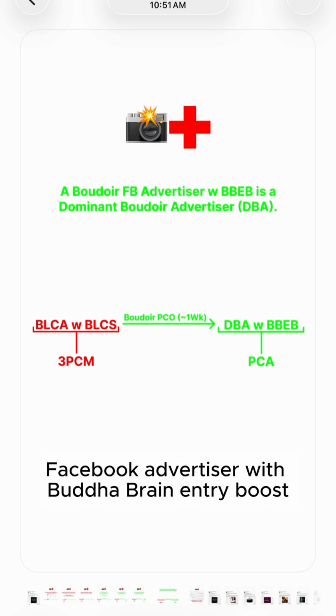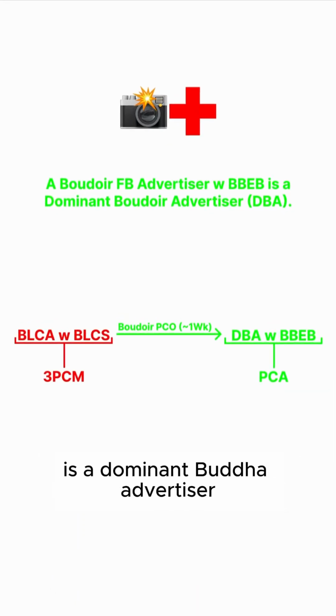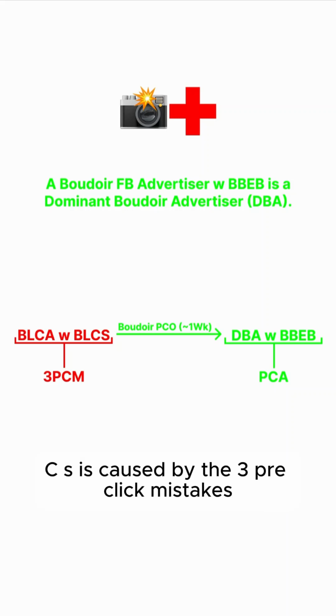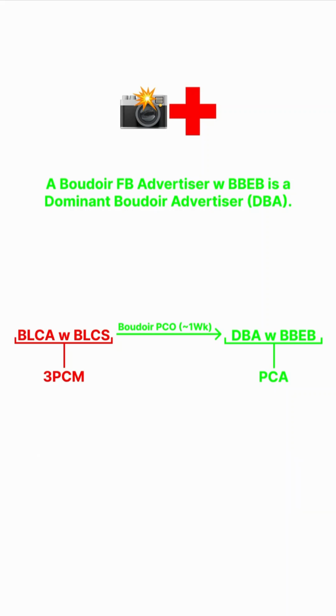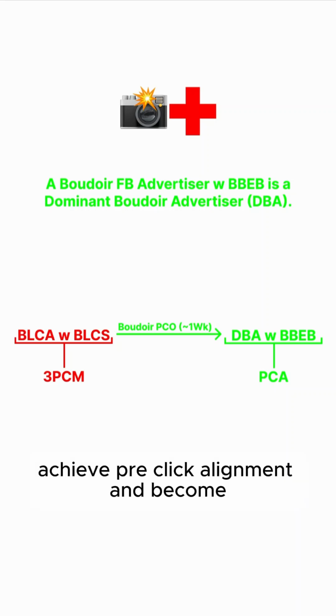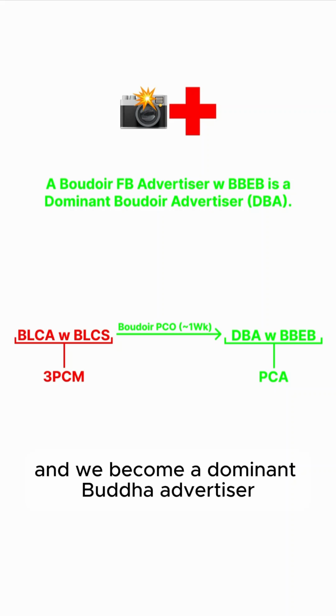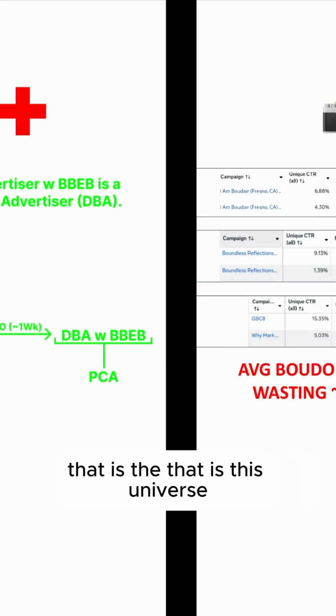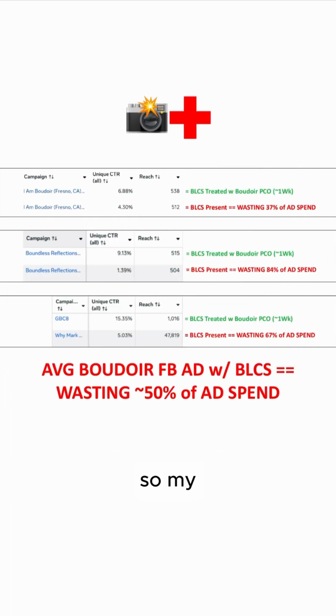And a Boudoir Facebook advertiser with Boudoir brain entry boost is a dominant Boudoir advertiser, a DBA. So we've got our full universe here: a BLCA with BLCS is caused by the 3 pre-click mistakes. It's easy, treated with Boudoir PICO, takes about a week. Achieve pre-click alignment and we become a dominant Boudoir advertiser with Boudoir brain entry boost. That is this universe.